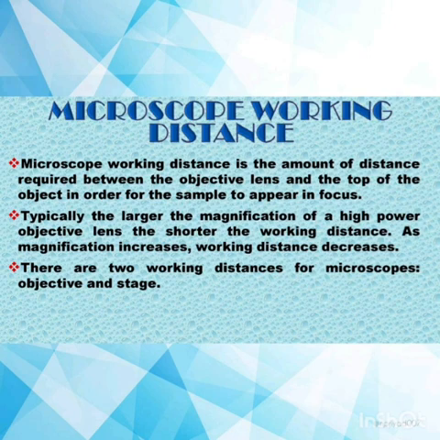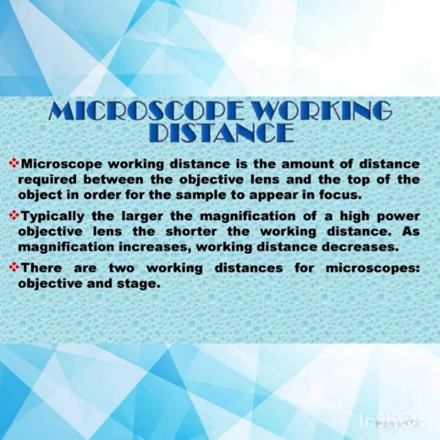Next, microscope working distance. Microscope working distance is the amount of distance required between the objective lens and the top of the object in order for the sample to appear in focus. Typically, the larger the magnification of a high power objective lens, the shorter the working distance.